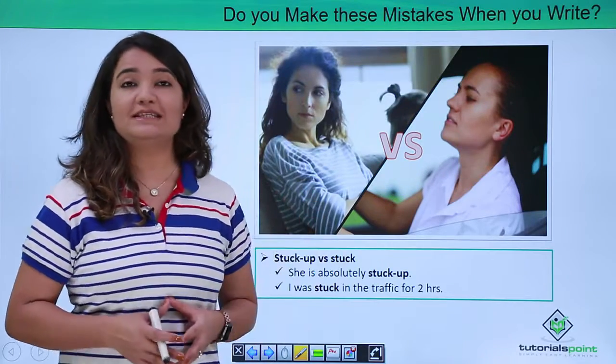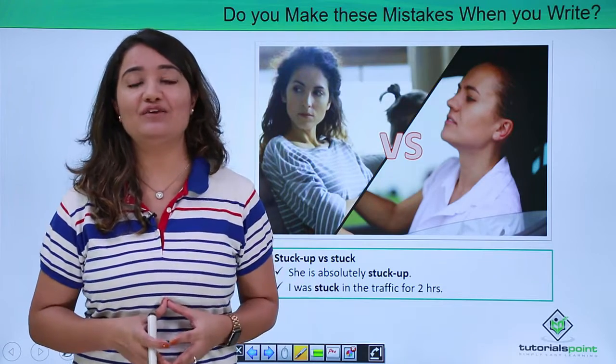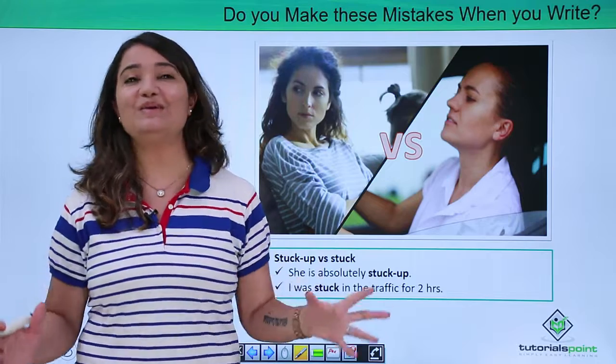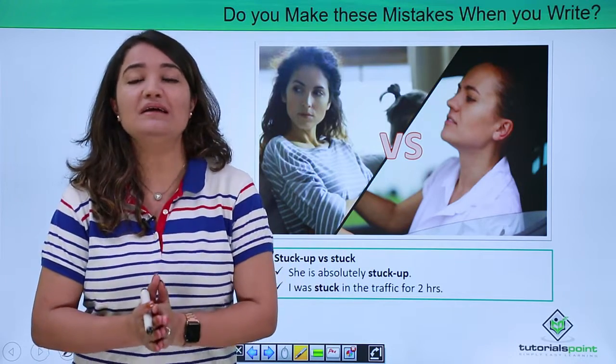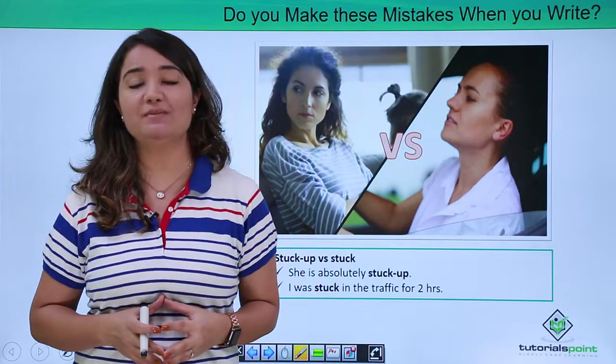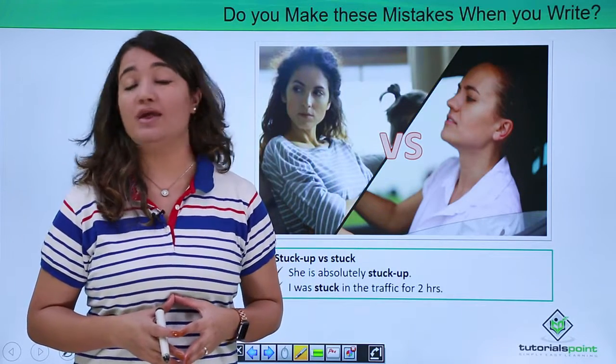Stuck up versus stuck. Well, yet another area of confusion. "I was stuck up in the traffic." Well, that is completely wrong. Stuck up and stuck mean completely different things. Most people confuse them as similar, but they are not.